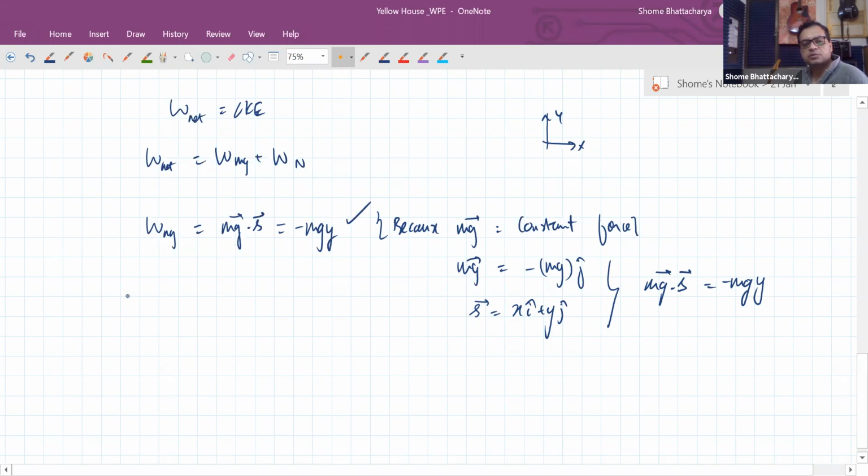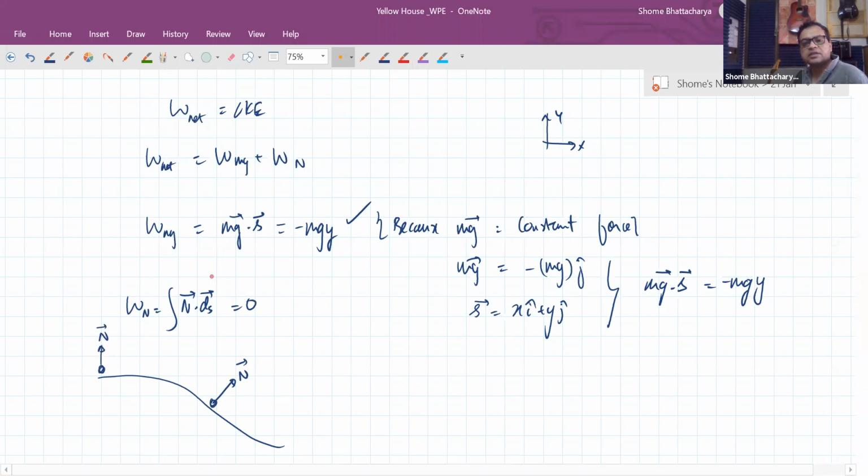But when it comes to work done by normal reaction, it should be integration n dot ds, because in general normal reaction is variable, but that will become zero. As I told you, at any point of time, whether we are here or here, the normal reaction is always acting in the direction perpendicular to the instantaneous differential displacement.